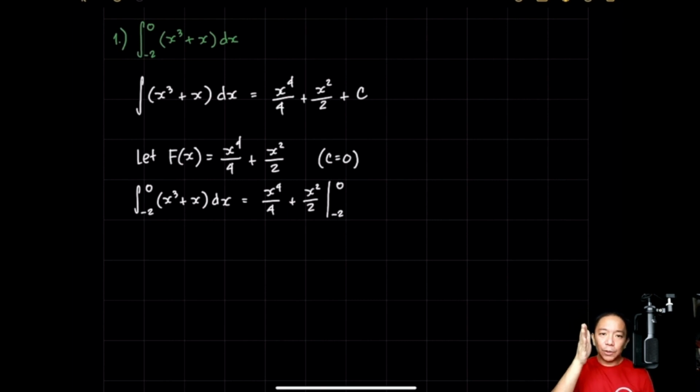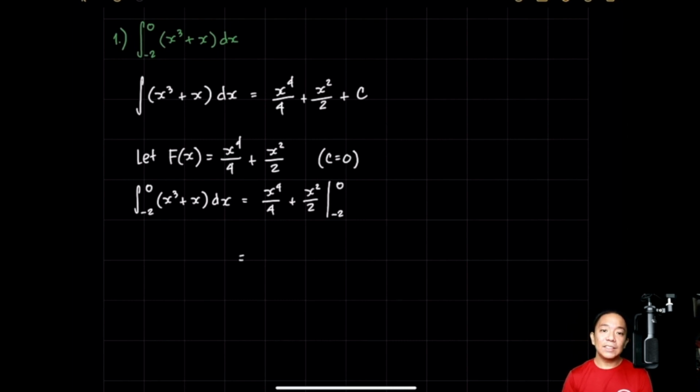Itong symbol na to, na may vertical line segment, may limits of integration dun sa right side niya, -2 to 0. Ang ibig sabihin nito ay i-evaluate natin yung expression sa kaliwa niya at 0 tapos minus pag in-evaluate naman natin at the lower limit at -2.